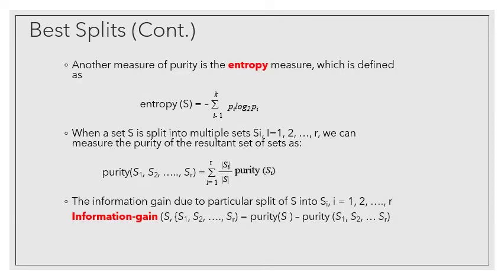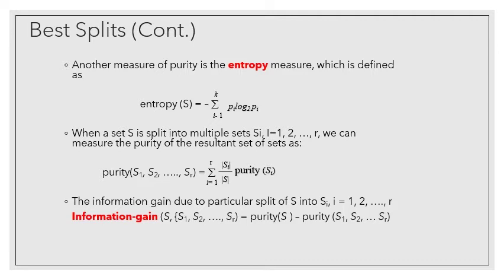Another measure of purity is the entropy measure, which is defined as entropy(S) = minus summation from i = 1 to k of p_i log p_i to the base 2. When a set S is split into multiple sets S_i, where i is from 1 to r, we can measure the purity of the resultant sets as purity(S1, S2, ..., Sr) = summation from i = 1 to r of |S_i| divided by |S| times purity(S_i).